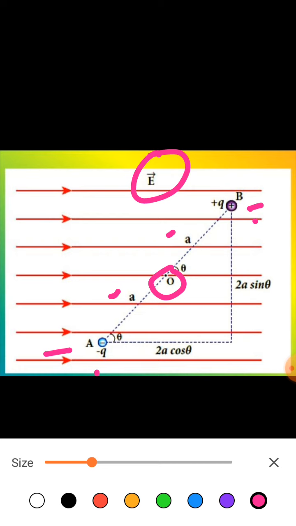So, an equal and opposite external torque must be applied on the dipole. That is, one angle is theta and the other angle is theta dash. Therefore, an equal and opposite external torque must be applied on the dipole.